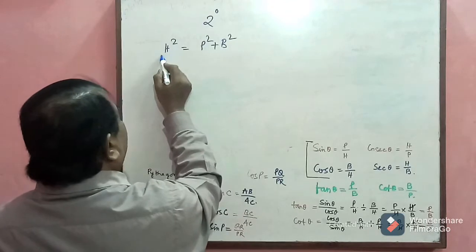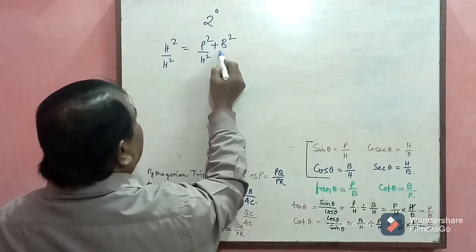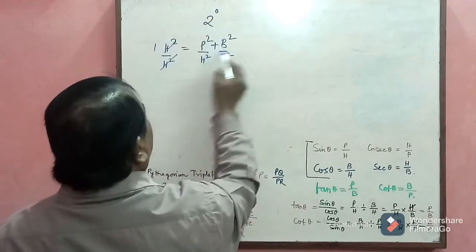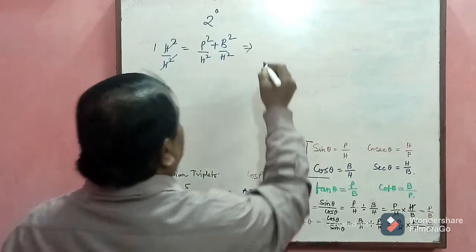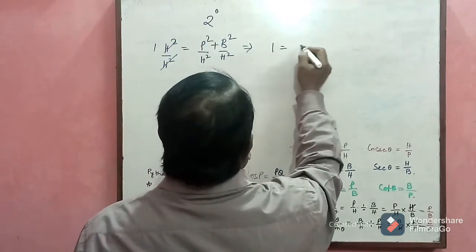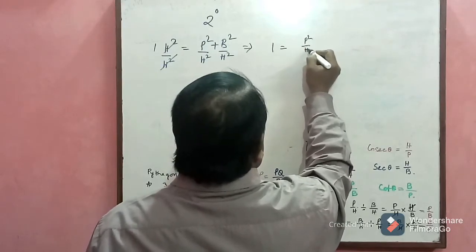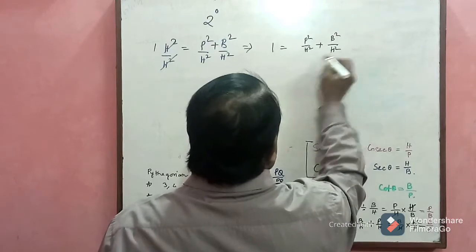So if I divide the equation by h square, this will give me 1 is equal to p square upon h square plus b square upon h square.